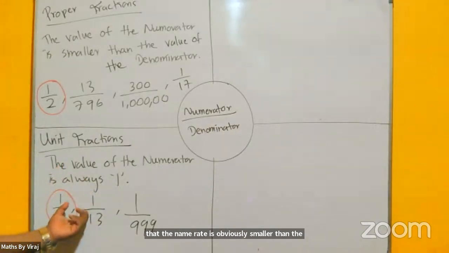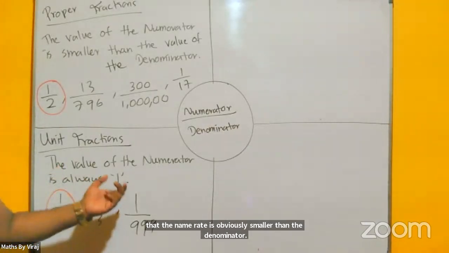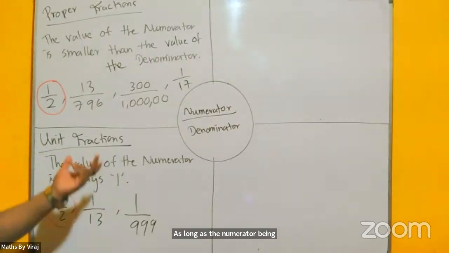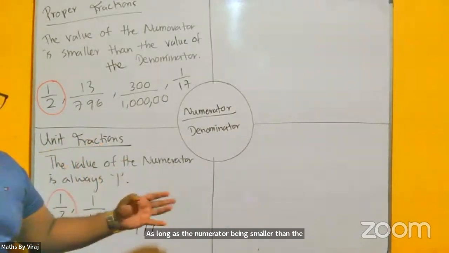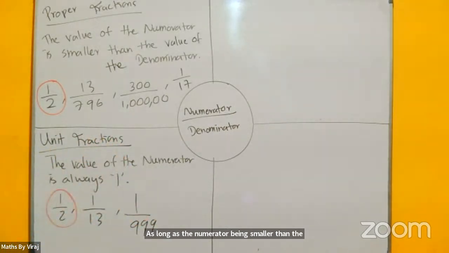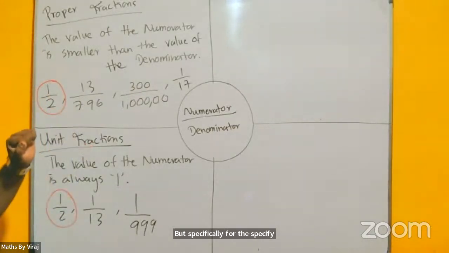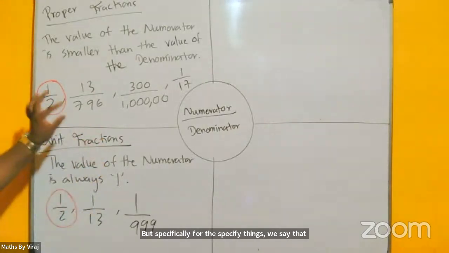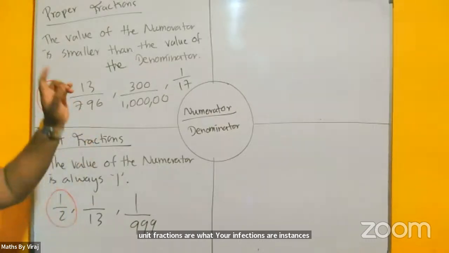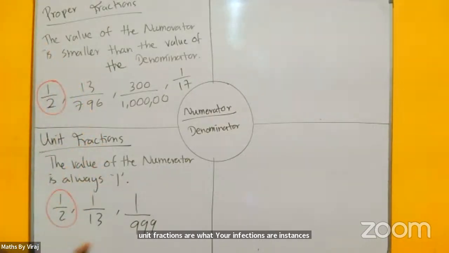As long as the numerator is smaller than the denominator, we call it a proper fraction. But to further specify things, we say that unit fractions are instances where the value of the numerator is always 1.